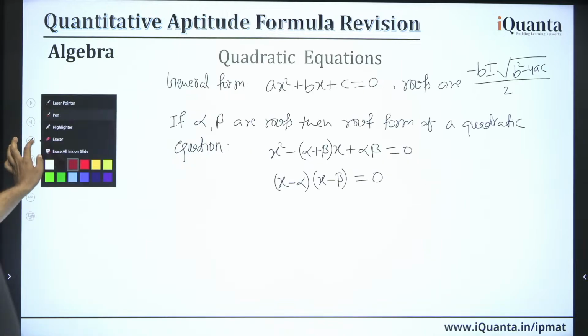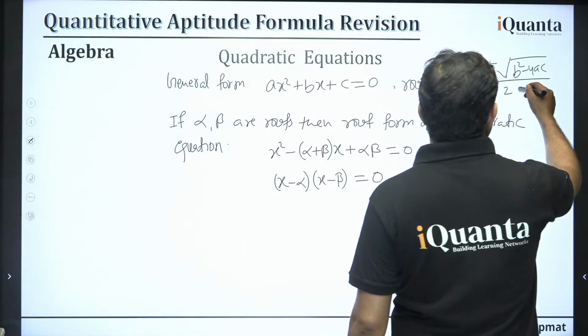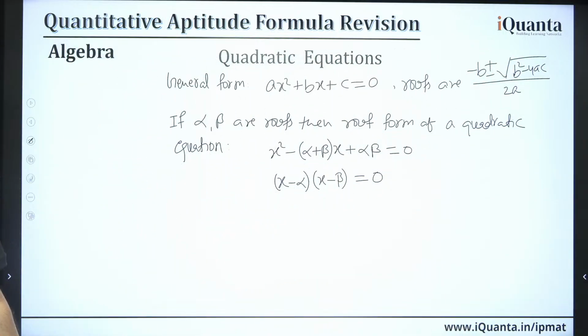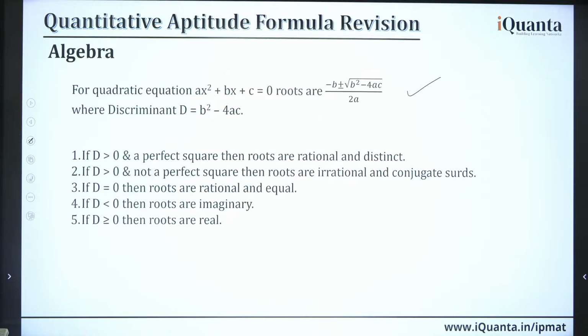Sorry, I forgot to put a here. It's 2a. Yes, Shreya, thank you. So here the discriminant d is equal to b square minus 4ac.